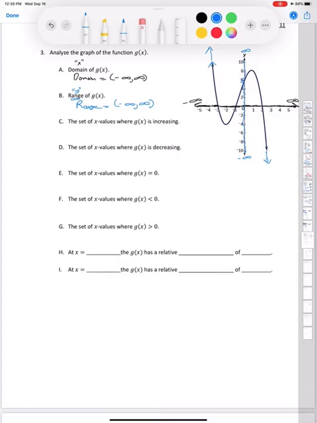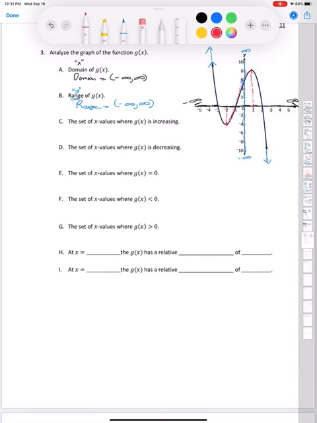Moving on, let's go look at this set of x values where the function g of x is increasing. So where is this graph rising or going up from left to right? That's what we're looking for. So as I read my graph here, I want you to look down here at negative 2. At negative 2, our graph is increasing, right? It's going up. It's rising from left to right. So as far as an increasing interval, it looks like we're looking between, what?